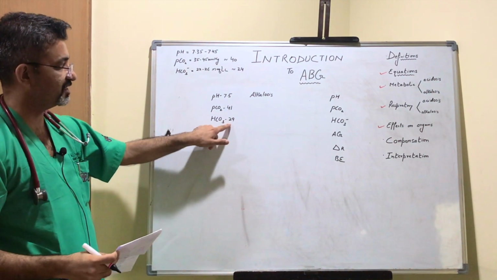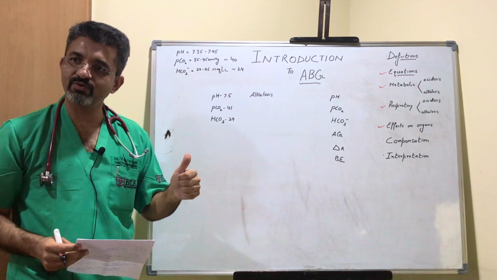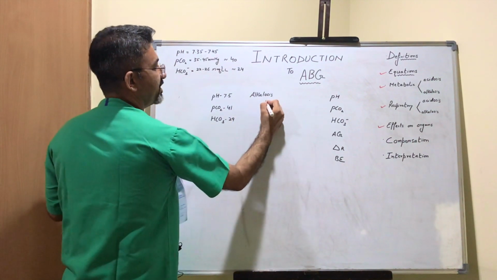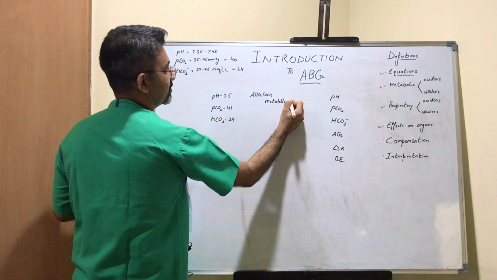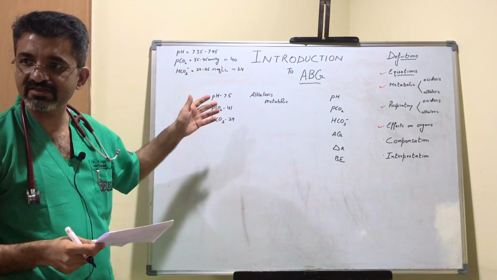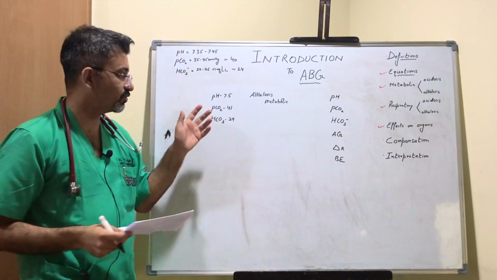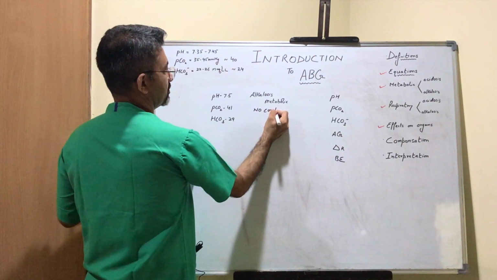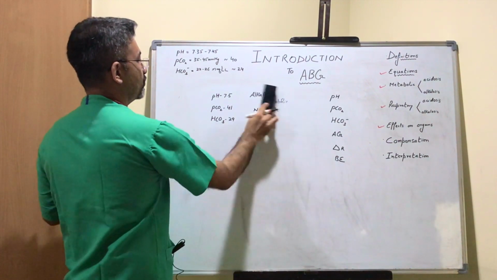See, HCO3 and pH are moving in the same direction. pH is up, HCO3 is also going up, same direction, it's more, right? So it is metabolic alkalosis, right? Is there a compensation? The compensation should have been done by lungs, right? No compensation. No compensation. Clear?